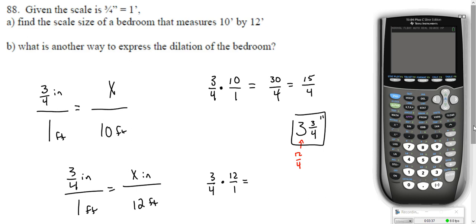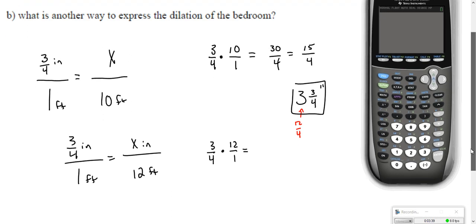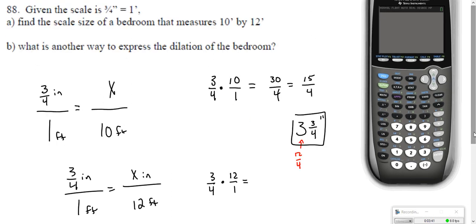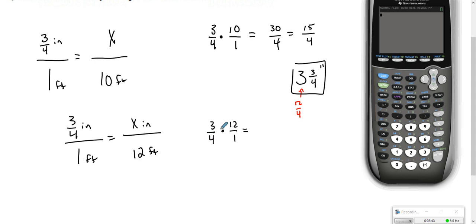So let's think about what happens here. 3/4. 4 goes into 4 one time, and 4 goes into 12 three times. So I divided both of those by 4. So I get 3 over 1 times 3 over 1, which is 9 over 1, or just 9 inches.